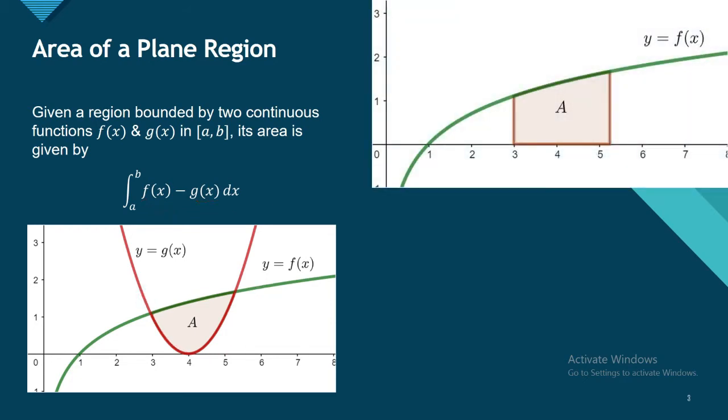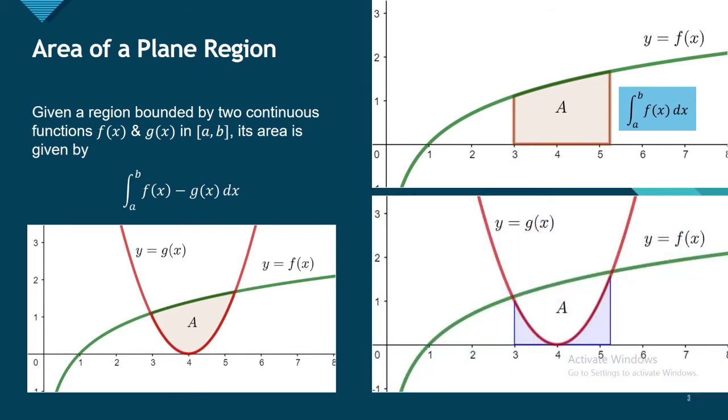This is what happens in this integration. First, we get the area of the region represented by this, which is given by the integral of f of x dx from a to b. Then we get the area of the plane region which is bounded above by your function g of x, that blue shaded region, and that is equal to this.